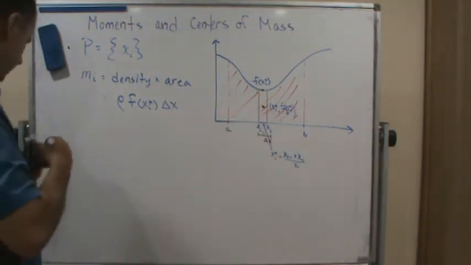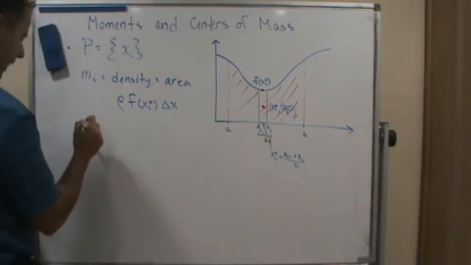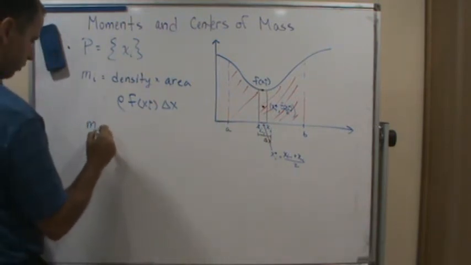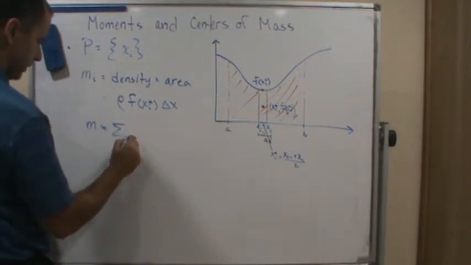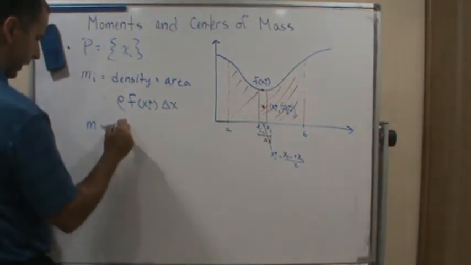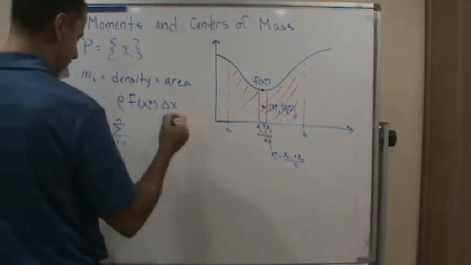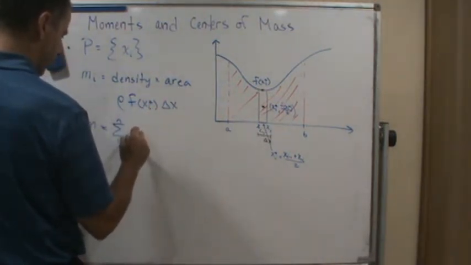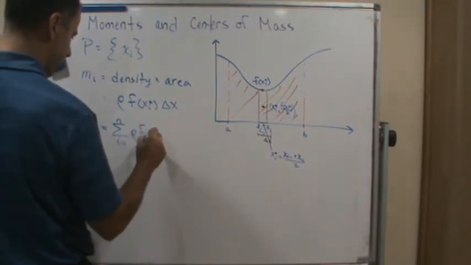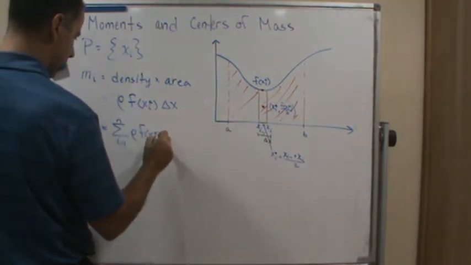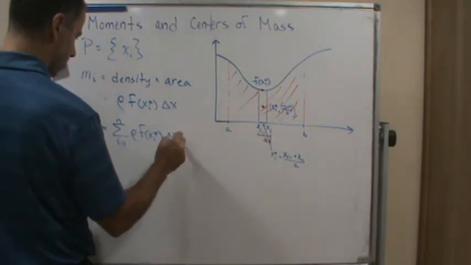And so of course we're going to estimate m, we're going to take the summation from I equals 1 to n of all of these rectangles. So that's going to be rho times f of x sub I star times delta x.